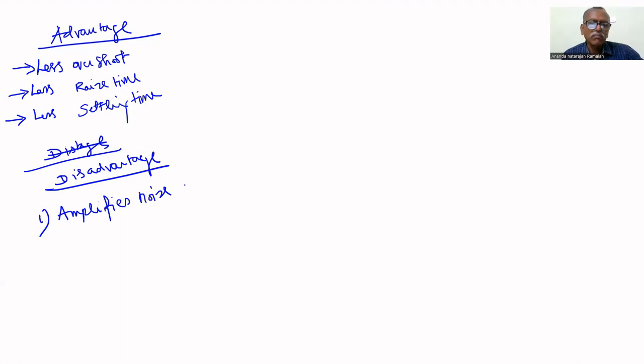That too, particularly once the process is settled, the noise will be amplified. That is the disadvantage. That's why there will be a switch called an on-off switch for derivative mode. Whenever the process is settled, the D mode will be put off to avoid amplification of noise.